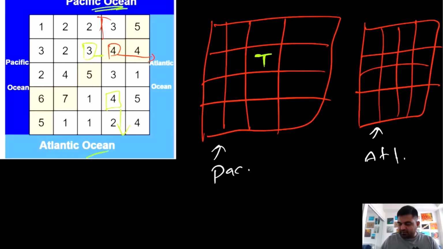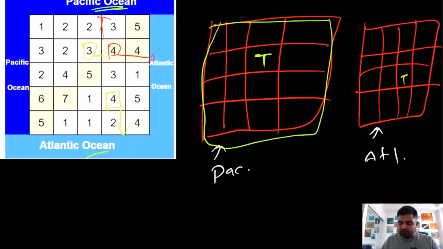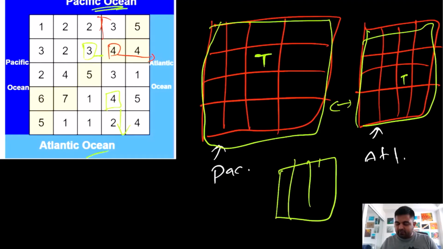So whatever the corresponding value we have over here, we will set that value as true, and eventually we will have the entire matrices filled out. And once we have those, all we need to do is just intersect both of them and find the common elements between both of these matrices, and that would be our final list that contains all the cells that can reach to both Pacific and Atlantic Ocean, and this would be our solution.